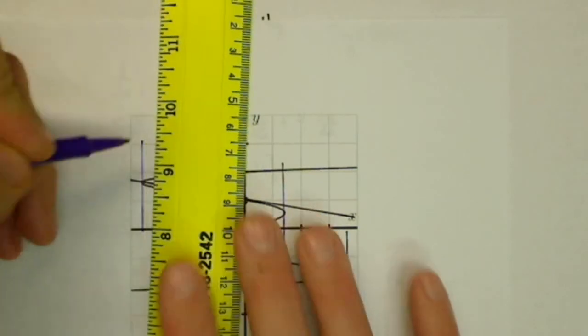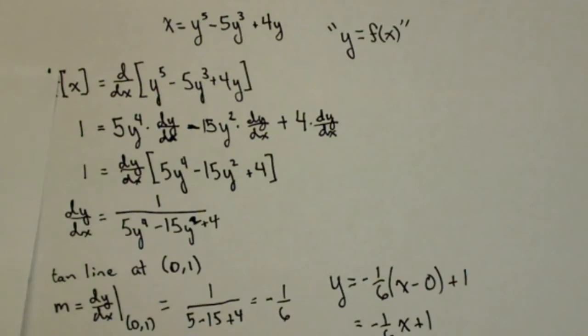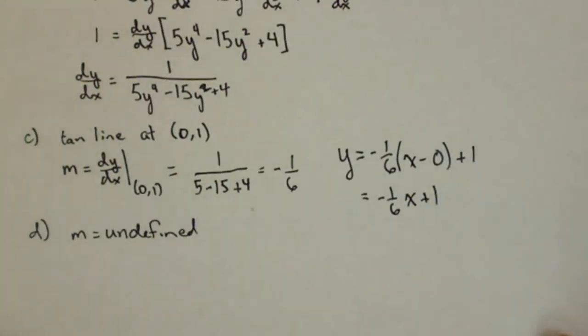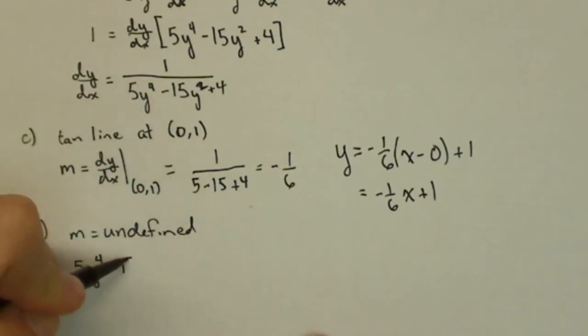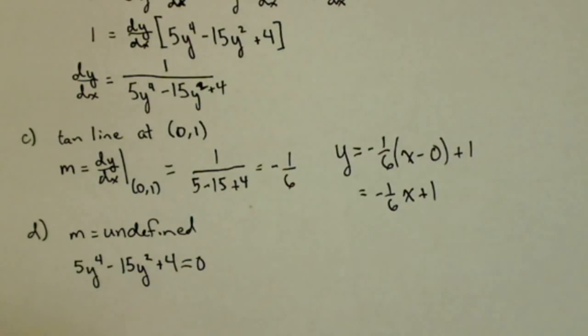What we're seeing from the graph is 4 places where the slope's undefined. How would we find that algebraically? m is going to be undefined any place the derivative has a 0 in the denominator. So it's not an arbitrary calculation; it's going to happen wherever 5y to the 4th minus 15y squared plus 4 equals 0. That's what needs to be solved. One way of solving this is using a graphing calculator or a computer algebra system like Maple or GeoGebra.